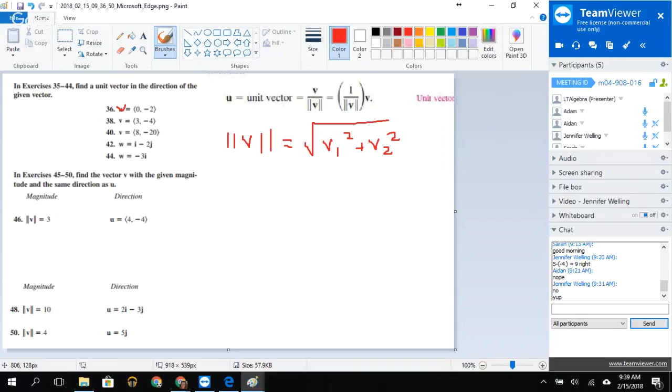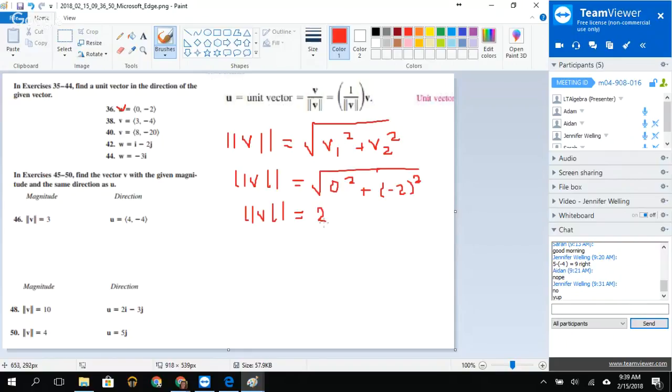And this is back from the component form notes. So for this example, if we want to find the magnitude of vector v, this is going to be a pretty easy one. We have 0 squared plus -2 squared, and so if we take the square root, we end up that the magnitude of v is 2.